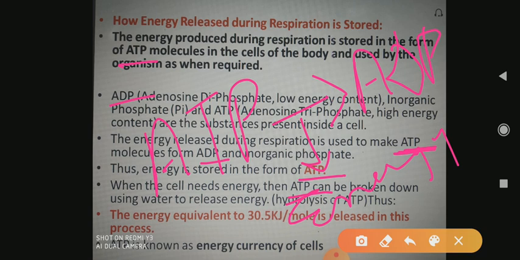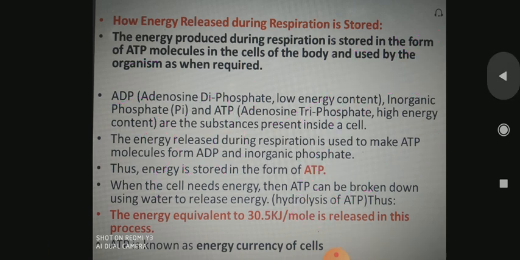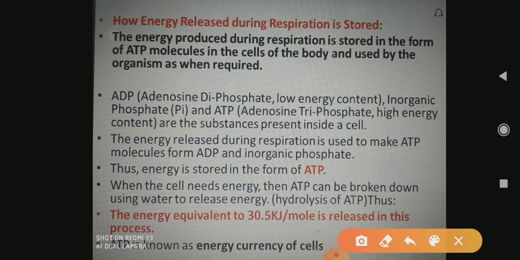The energy released during the breakdown of ATP into ADP is 30.5 kilojoule per molecule of ATP. And ATP is also called the energy currency of the cell.